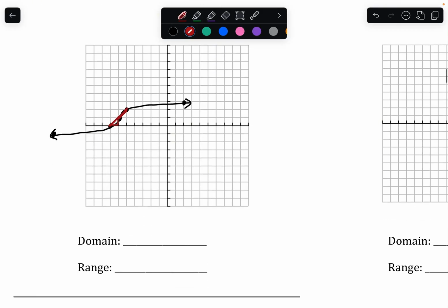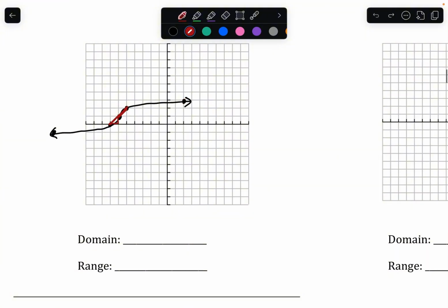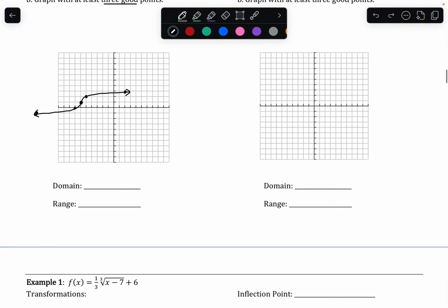To get the other points on the ends, you would go up 1 over 7, and in this case down 1 still over 7. So the pattern is 1 then 7 for those horizontal distances. But if you just need 3, just graph the 2 on each side of the inflection point and make sure you are concave right, concave left. Okay, domain and range, all real numbers all the time.